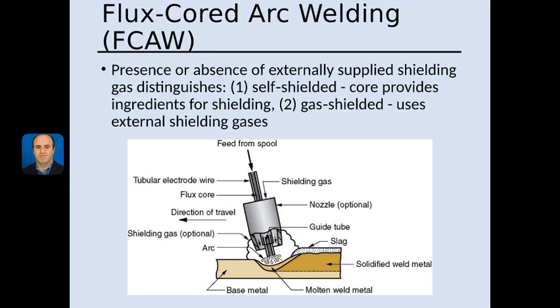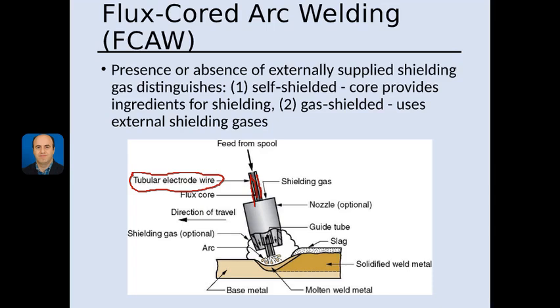There are two versions. One version is called self-shielded, where we have a wire, as you see here. So we don't have an electrode rod, and instead we have a tubular electrode wire, and inside of that wire, that tube, we have flux.